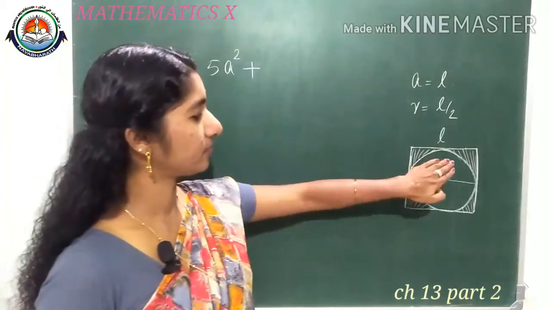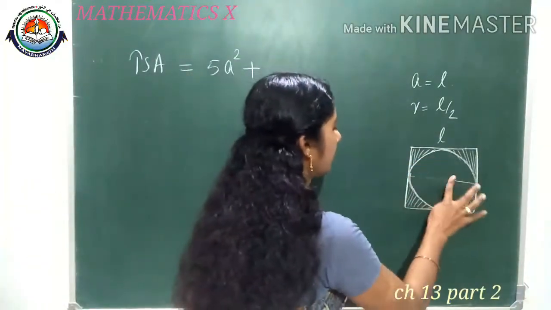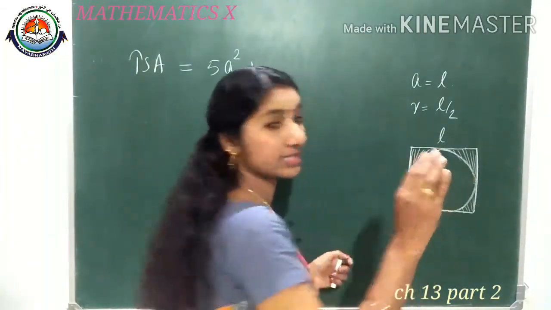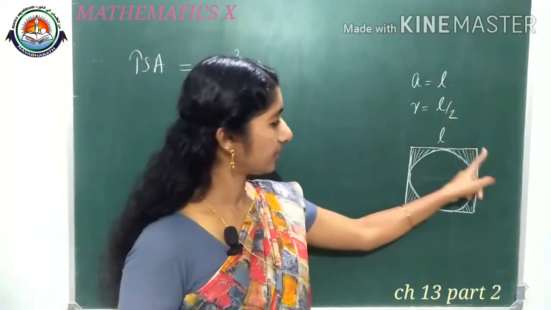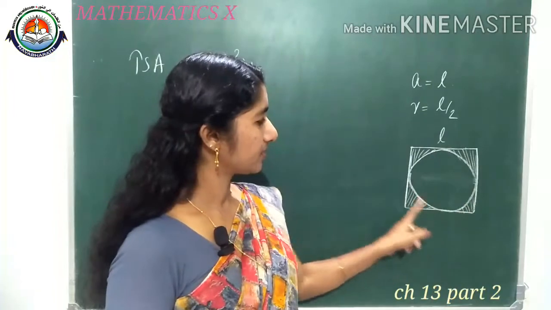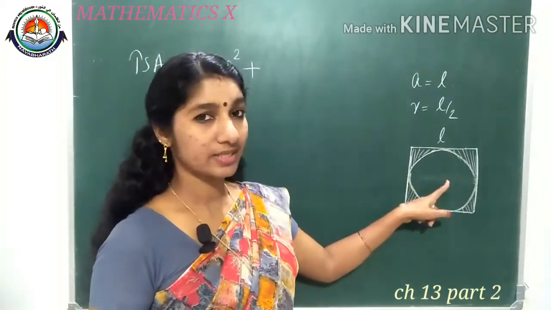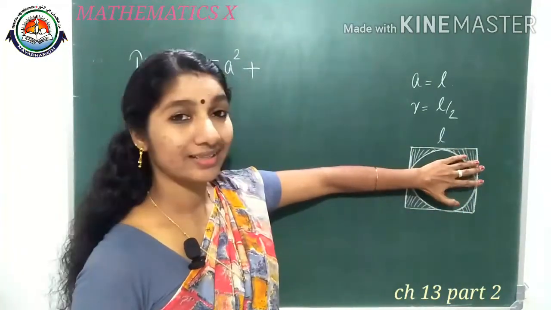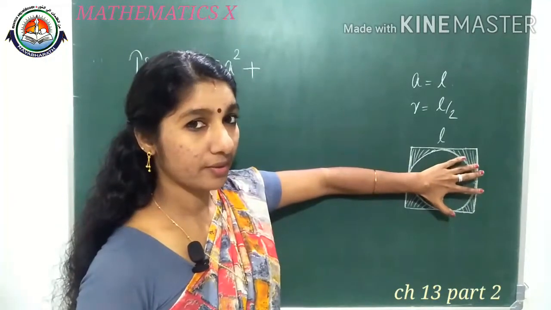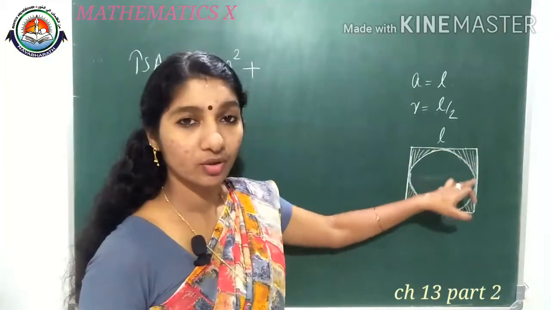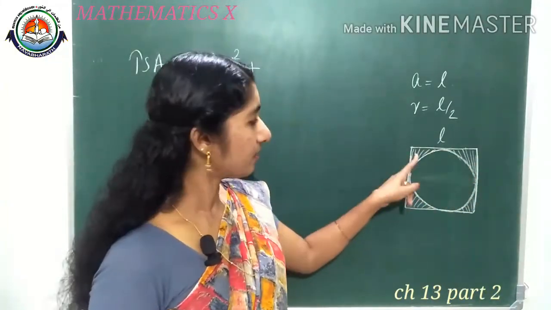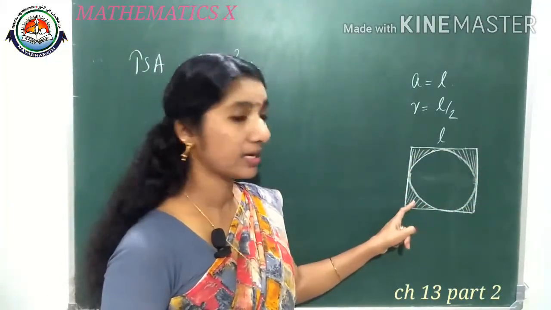And what is the shape of this one? This top view, from where the hemispherical portion is removed. That area, how can you find this area? This piece area is equal to, before cutting it was a square. From a square, one circular shape is removed, or one circle is removed. So what will be these shaded portions' area?